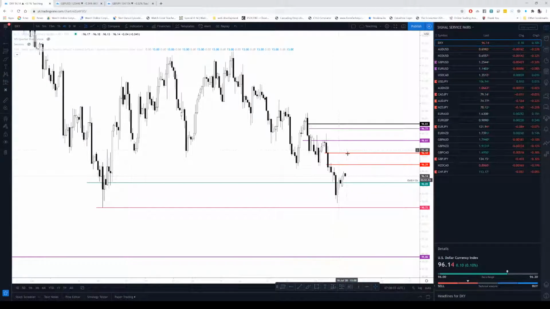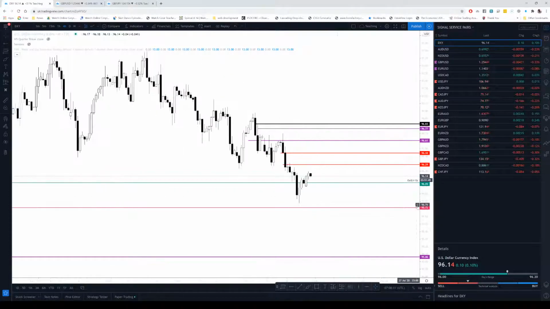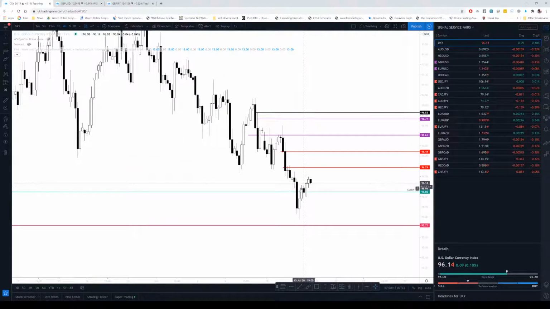So let's see if we can get a bounce from this down candle into one of these levels, or maybe the middle of it. Okay, ideally this one should be fine, but price can do whatever it wants to do.